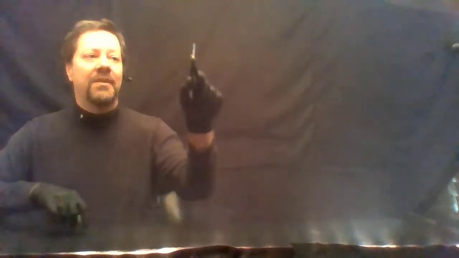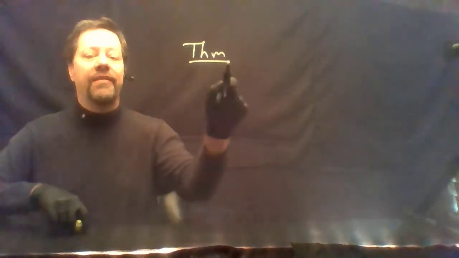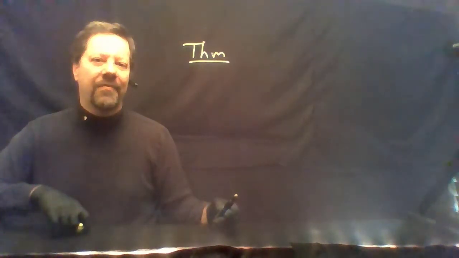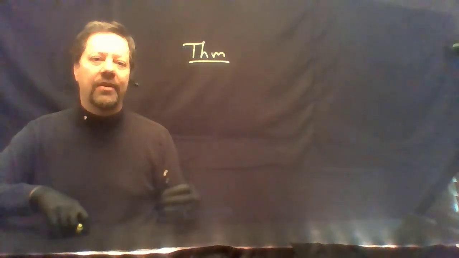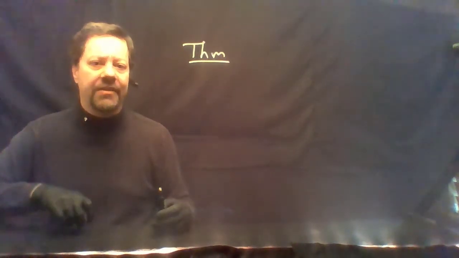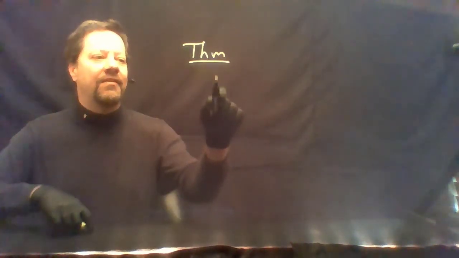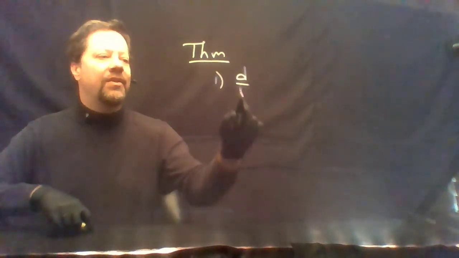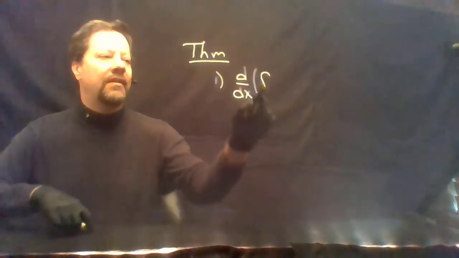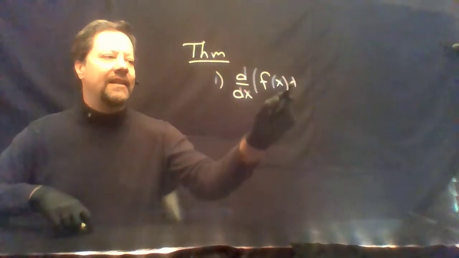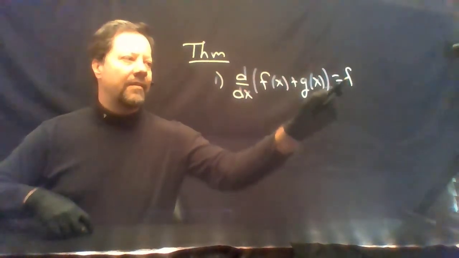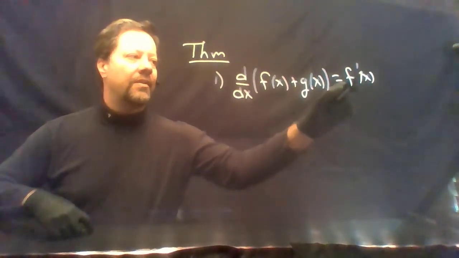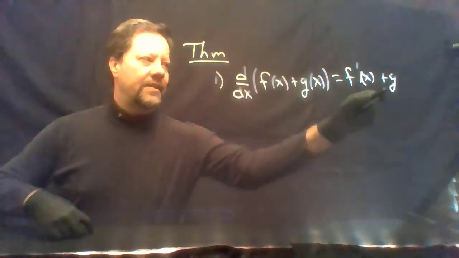In the next theorem, we prove that the derivative has 2 algebraic properties. These are called linearity properties, and demonstrate that the derivative is something called a linear transformation. First, when you take the derivative of 2 functions added together, you can take the derivatives of each term separately.